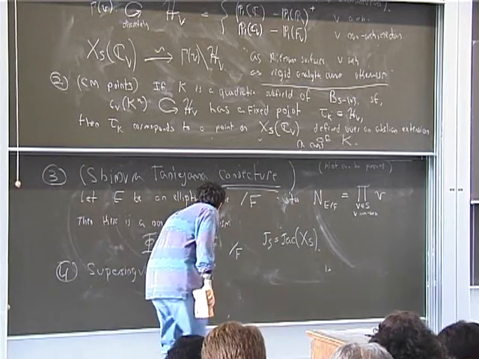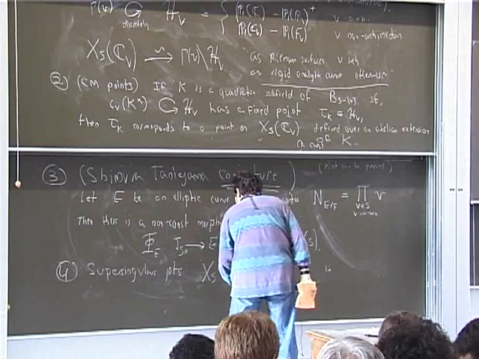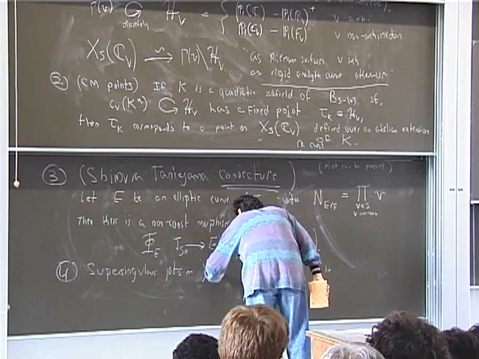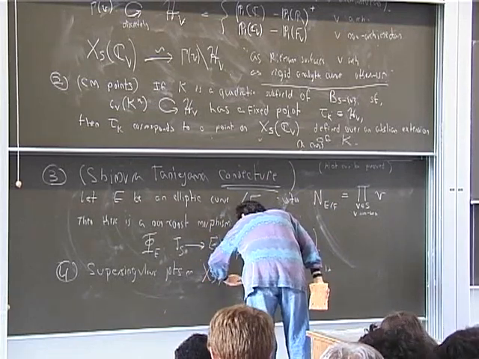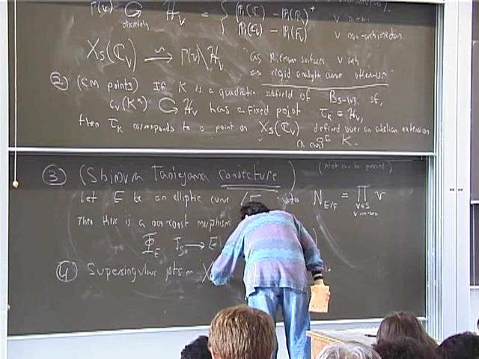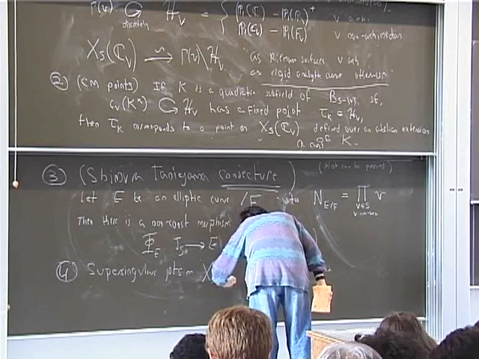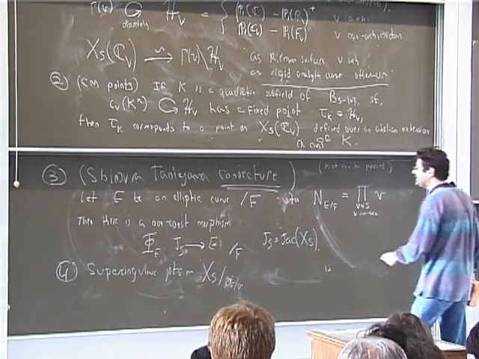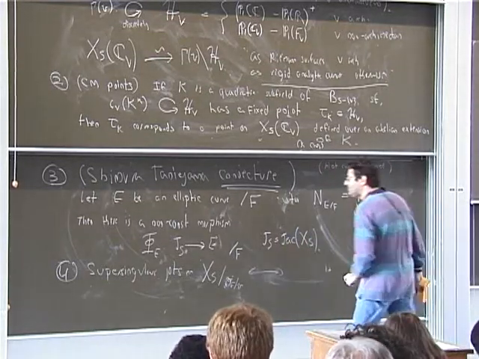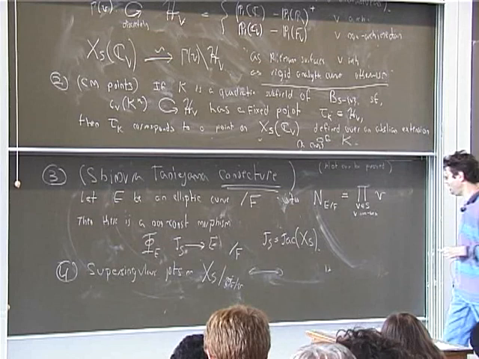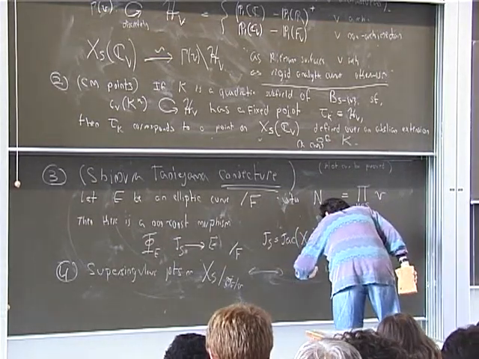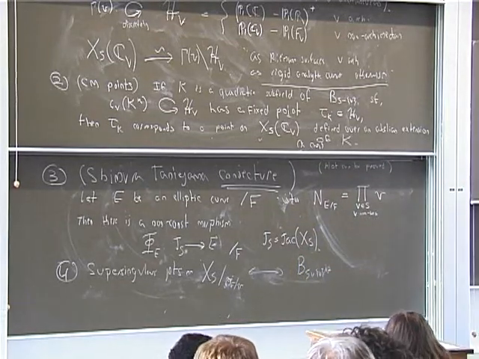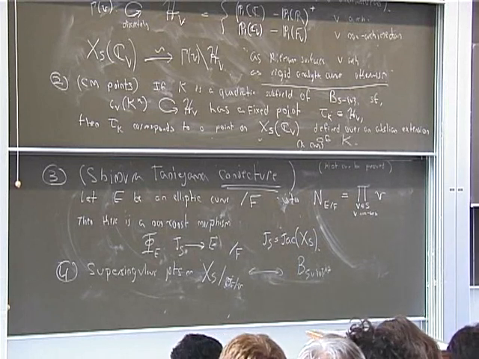So you could look at the supersingular points on Xs in characteristic V, where V is not in S. So on Xs over the residue field, OF modulo V, where V is a place of F which is not in S. And there's a very explicit description of these supersingular points in characteristic V involving the quaternion algebra ramified at S union V. I'm not going to say anything more about that, but it's a nice symmetrical way of looking at the various properties.